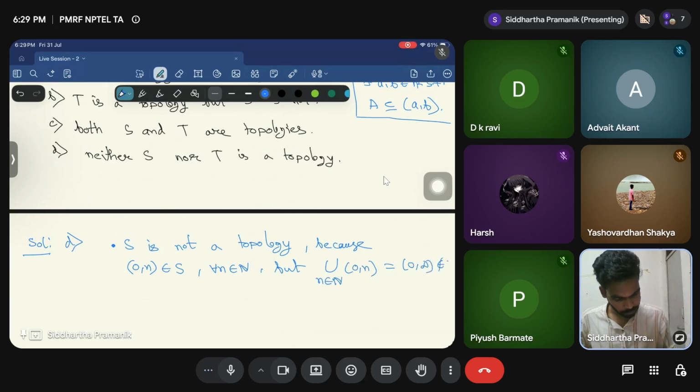So this is not in S. So this is not closed under arbitrary union.